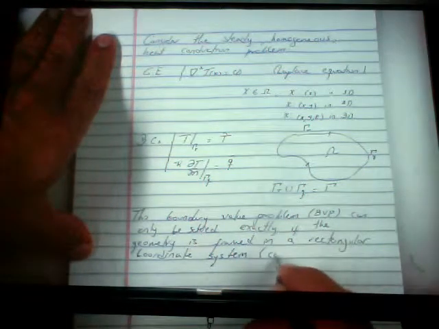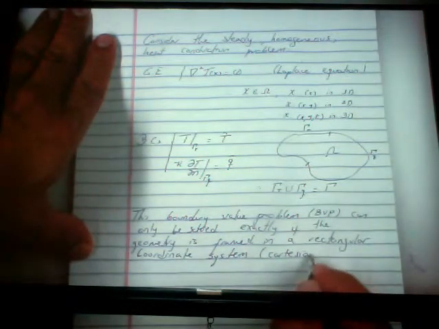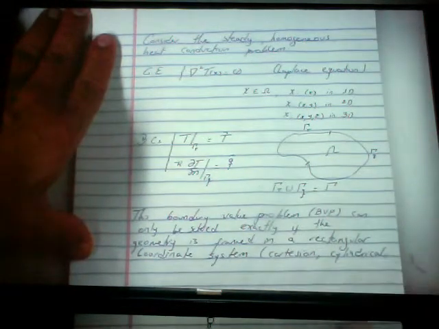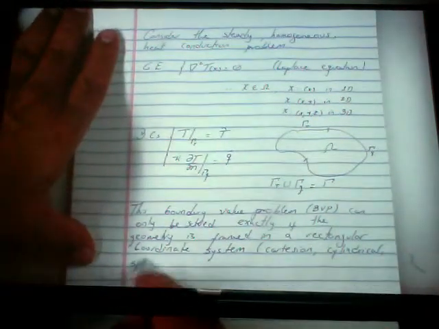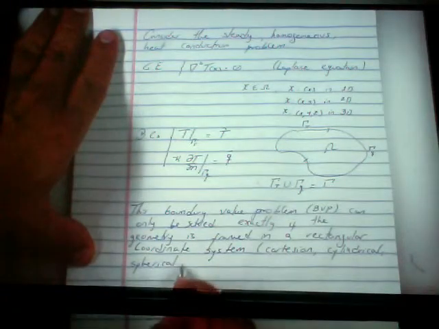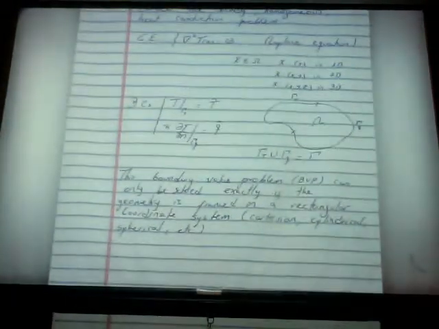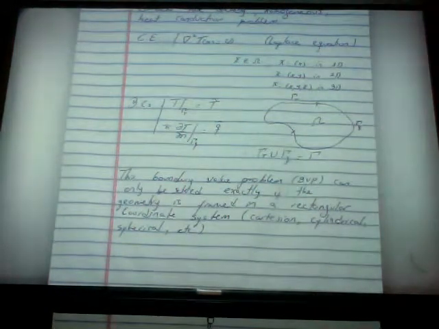That would mean either Cartesian, cylindrical, spherical, etc. Any of the 12 possible rectangular coordinate systems or orthogonal coordinate systems.